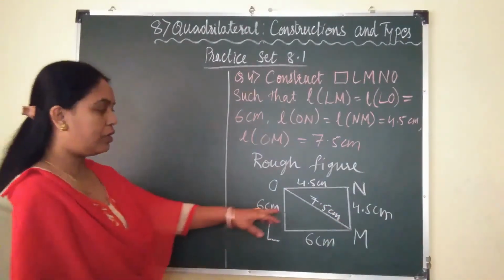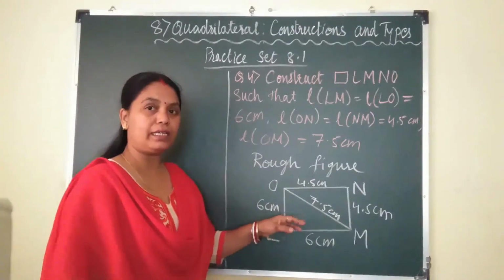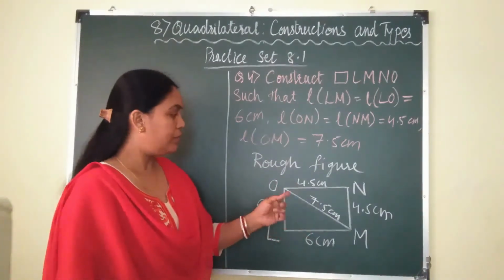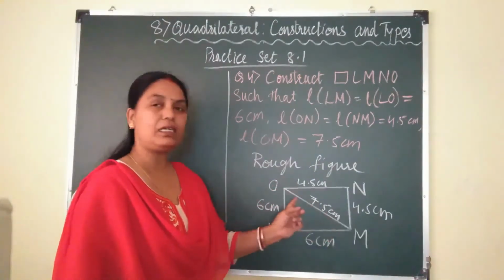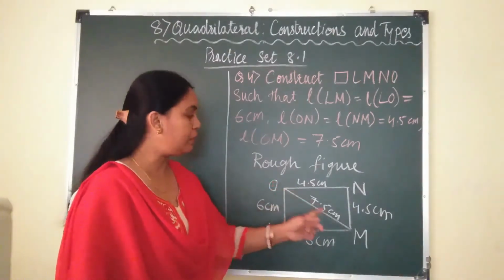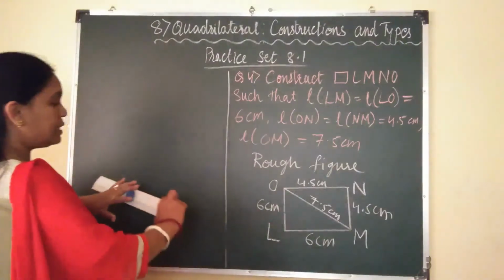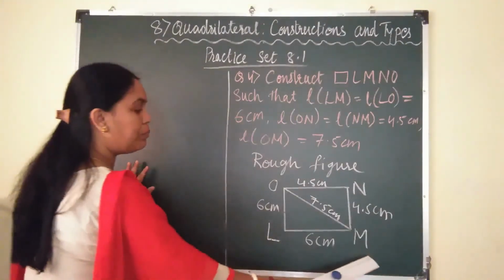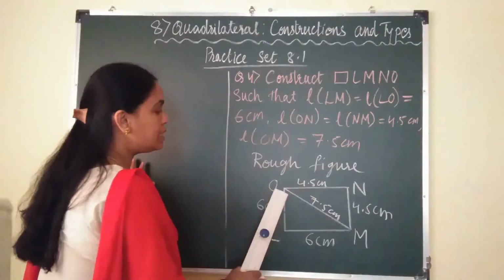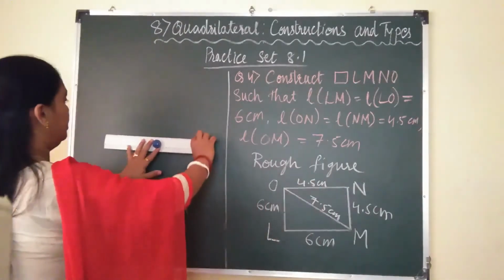Here, this quadrilateral we can try in a different method also. We can start from the diagonal because the diagonal OM is given as 7.5 centimeters. So instead of taking the base, you can start from the diagonal.